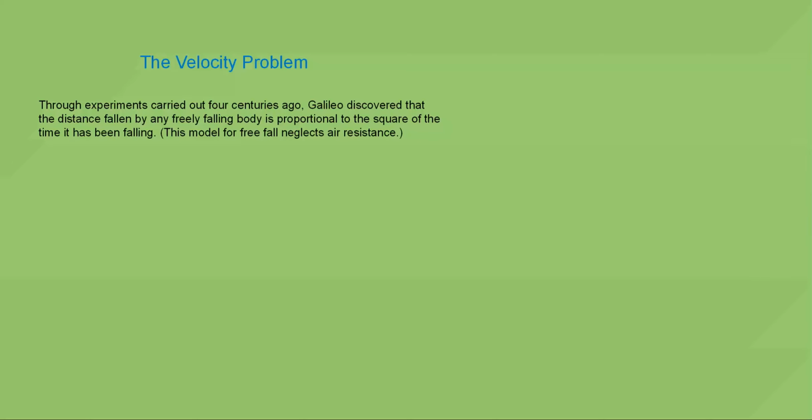All right, so let's look at some applications of what we just talked about, which is velocity. Now, about 14 centuries ago, Galileo discovered that the distance fallen by any free-falling body is proportional to the square of the time it has been falling.